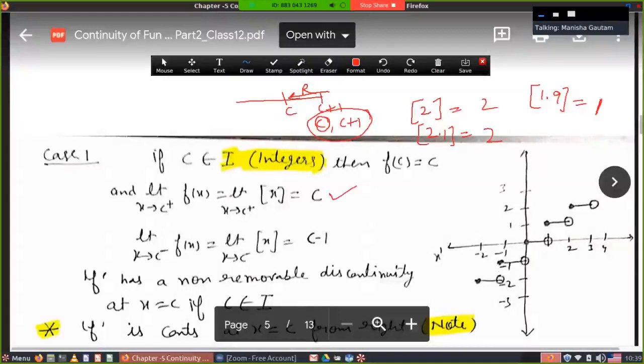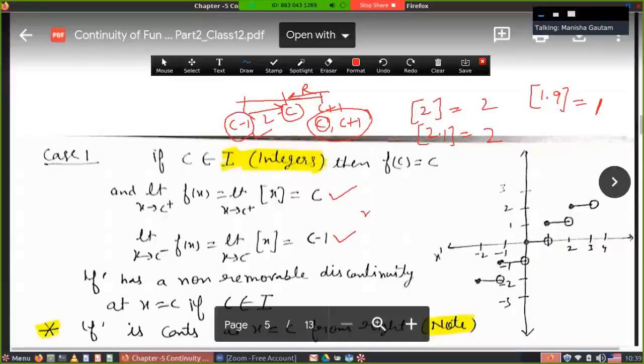If you approach c from the left-hand side, it means c and c minus 1. The value very near to c from the left is lying between the integers c minus 1 and c, and the smaller one is the answer. It means the value will be c minus 1.